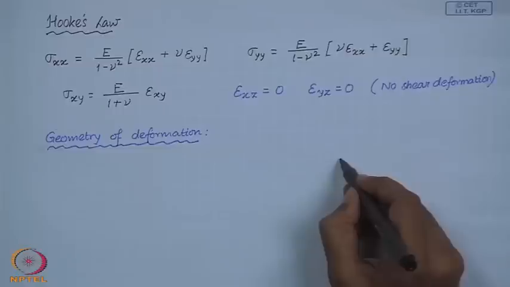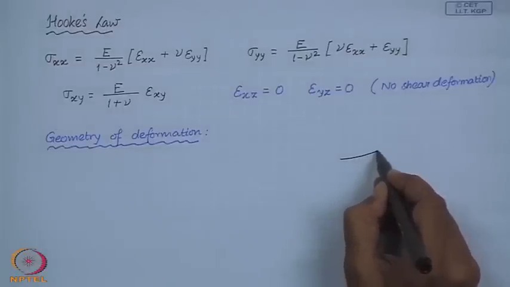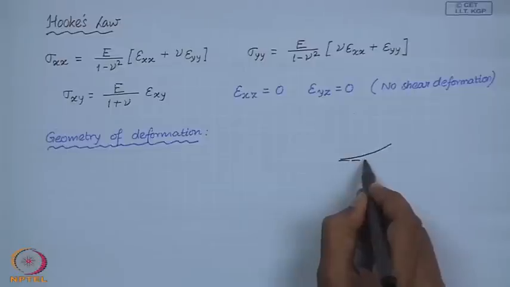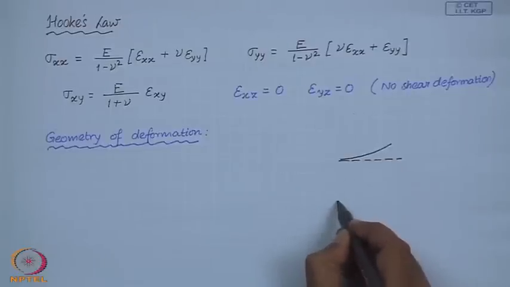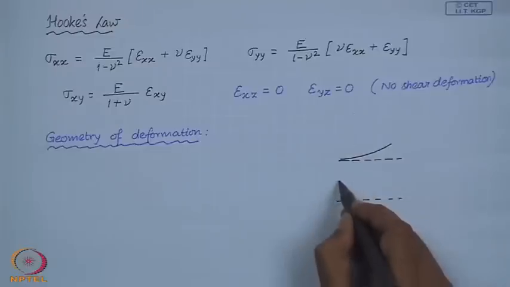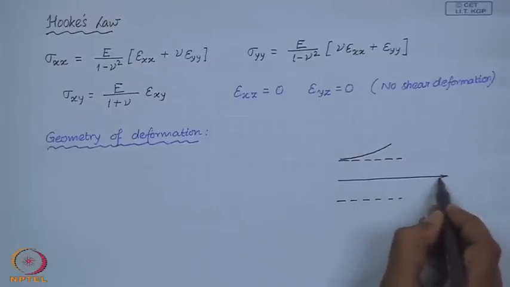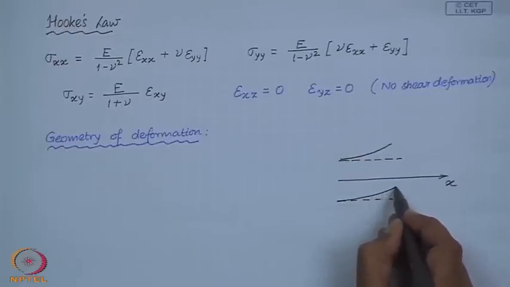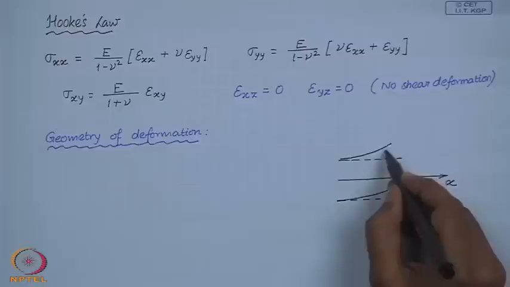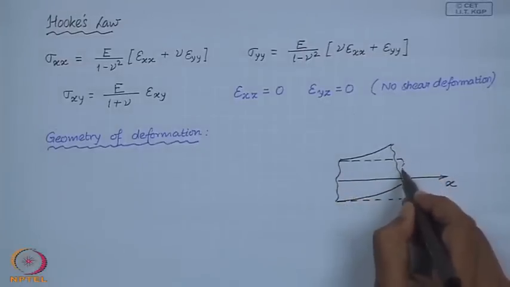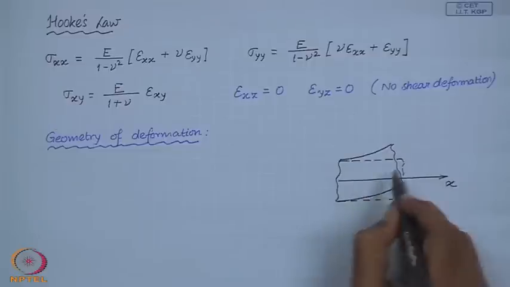So, let us consider the plate initially undeformed, represented by this dashed curve, let us say along the x axis, and this deflects in this manner.